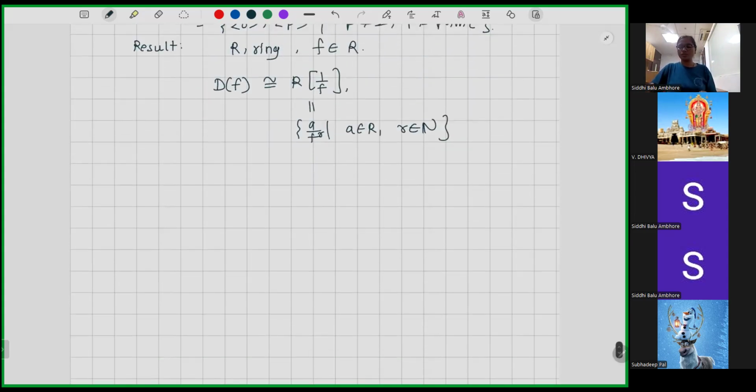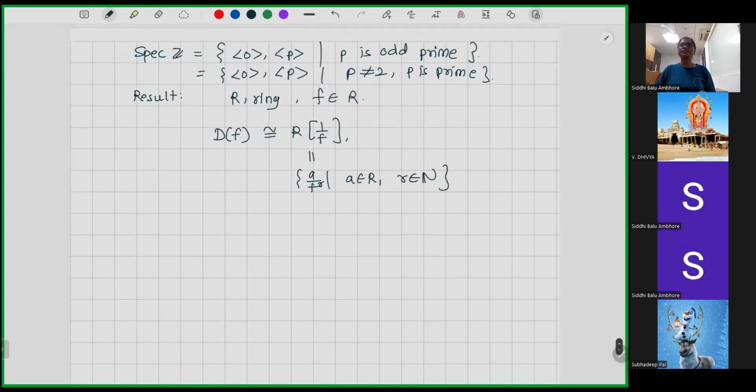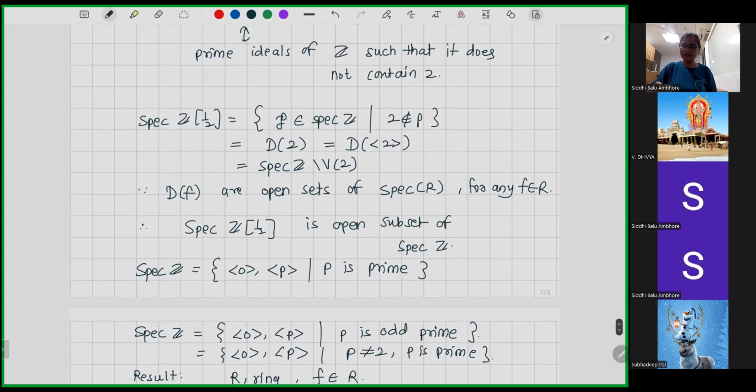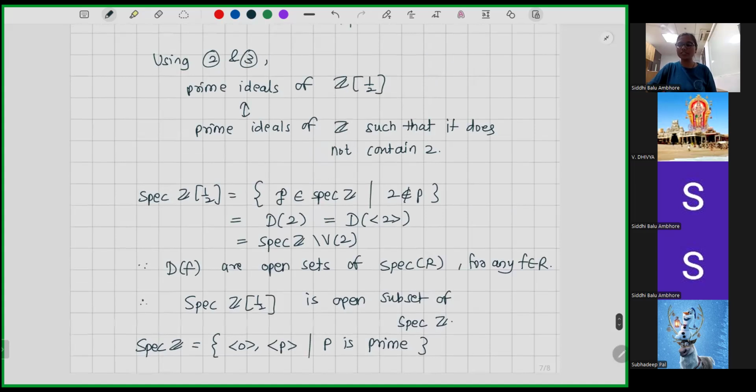Okay, so this is true for any given element f of a ring, of course non-zero. Is this understandable? The same argument follows, because it will be in one-to-one correspondence with ideals which do not contain that element f.